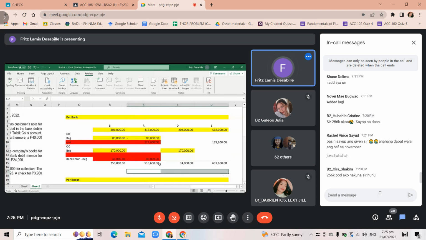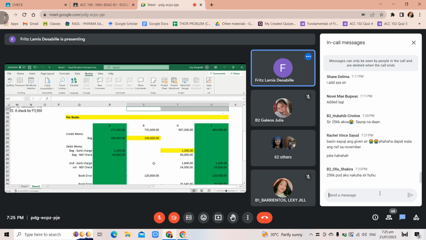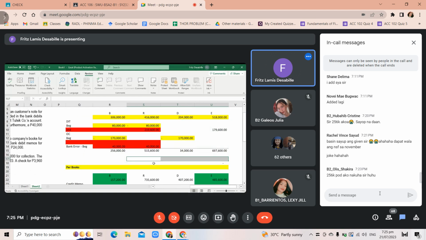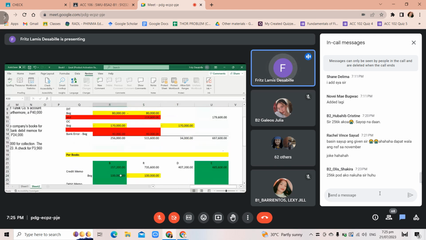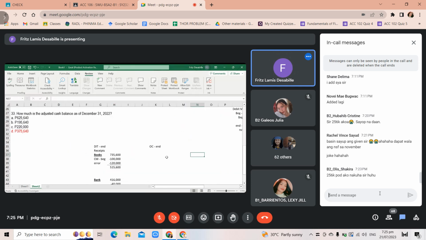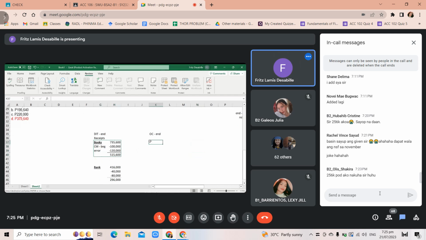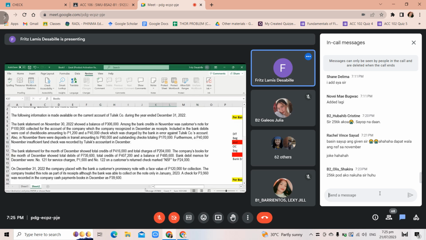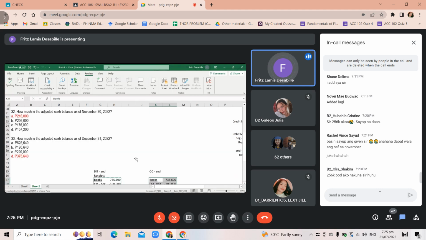Next kay disbursements 515. So nakuha na nato ang disbursements. Okay. Now for outstanding checks, paano tong checks ni books? Asa tong checks ni book nag-record kay ang disbursement ni books kay 407.